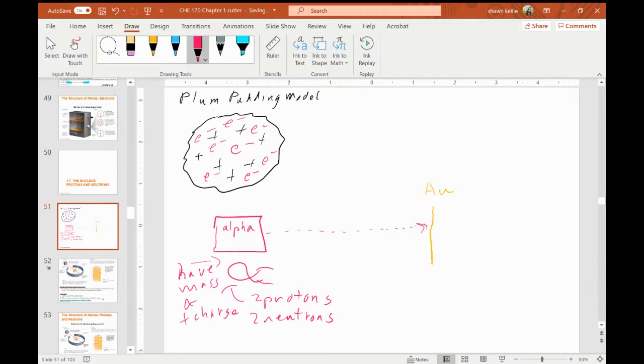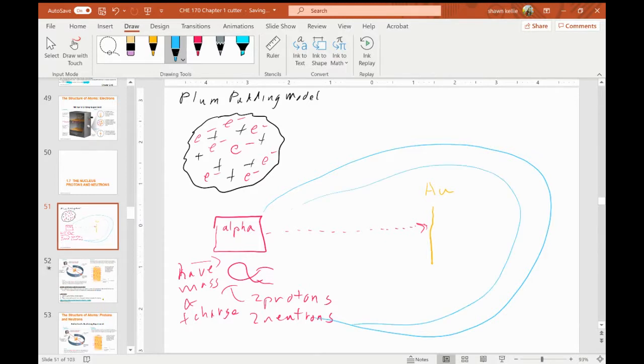In order to see what happened to the said alpha particles, they took the gold foil and put it in an arena of active material, zinc sulfide, so that they could see a little green flash visually whenever an alpha particle hit the screen.